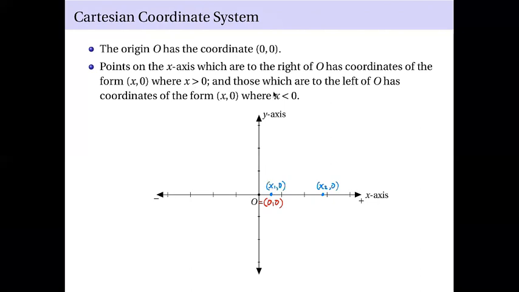Those points to the left of the origin have coordinates of the form x comma 0, where x is less than 0. For example, this point here is x sub 3 comma 0, and this one here x sub 4 comma 0.